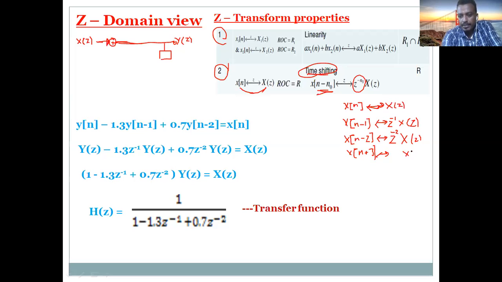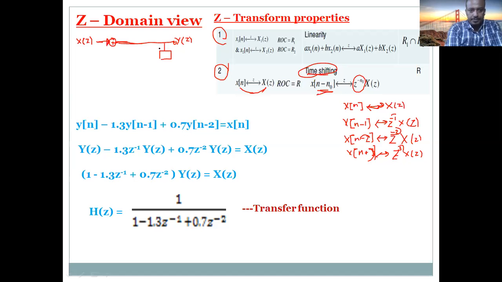X of z multiplied by z to the power of, now it will be positive 3. In this case minus 1, here minus 2, multiplied by z to the power of minus 2. Plus 3 here, z to the power of 3. So shifting in time domain is multiplication in z domain.